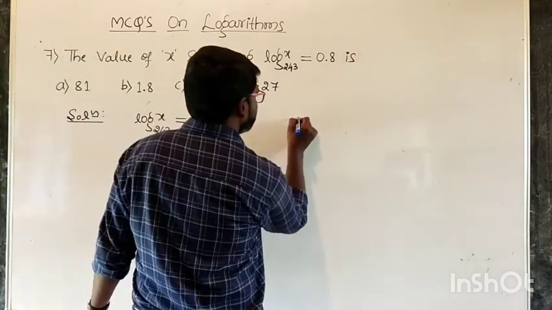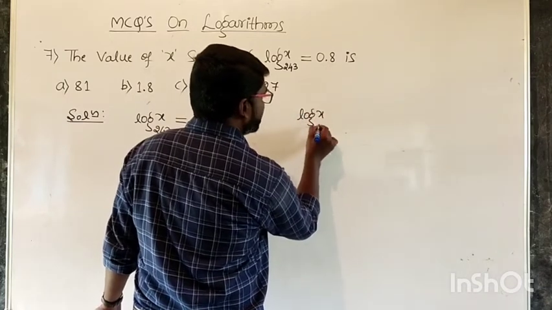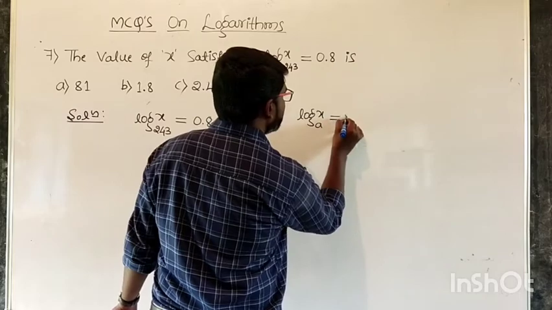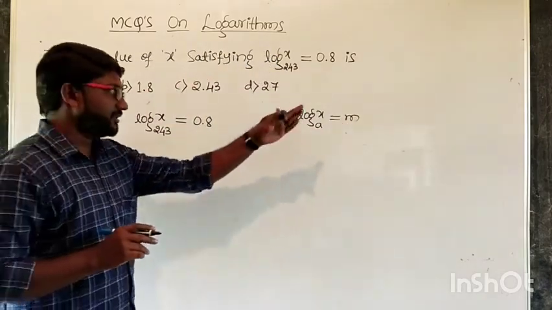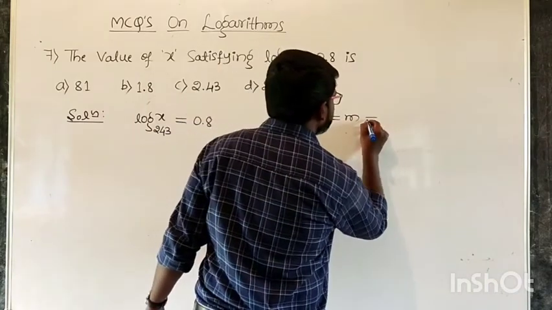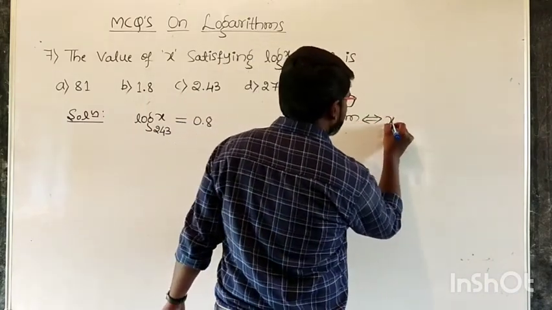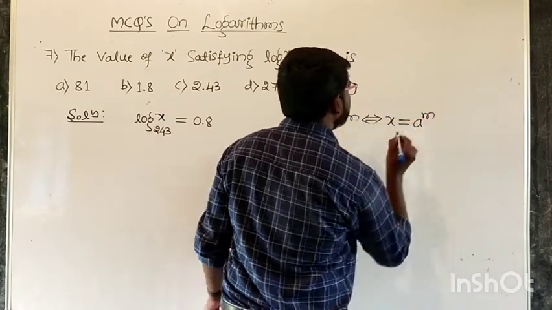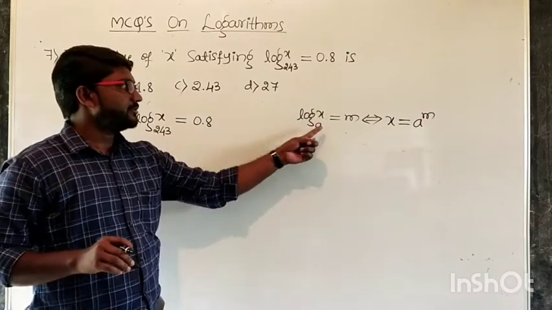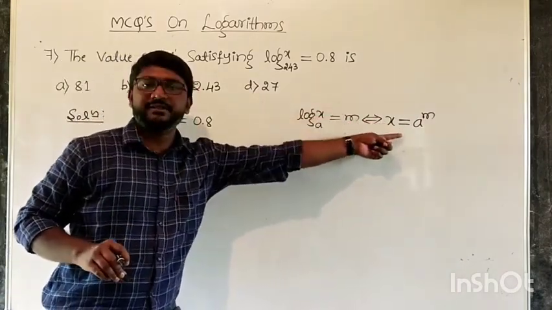See here, log x to the base a equal to m is in the logarithmic form. What will be its corresponding exponential form? It is x equal to a to the power m. x is equal to a raised to m. So this is the corresponding exponential form.